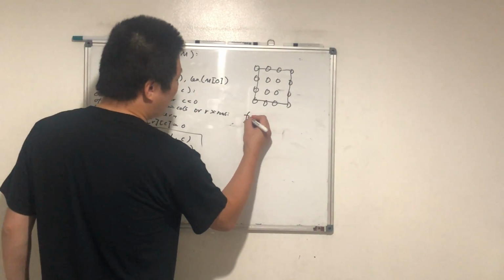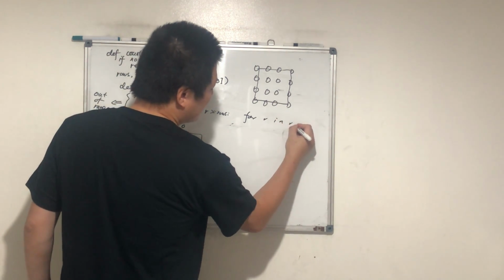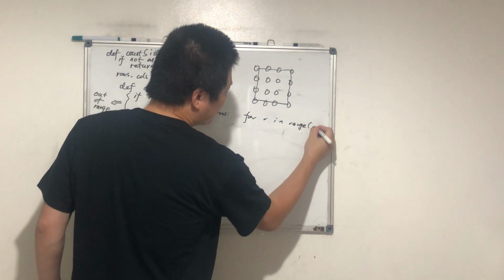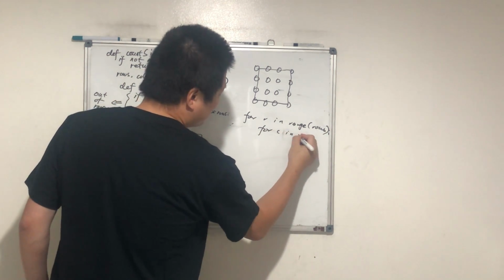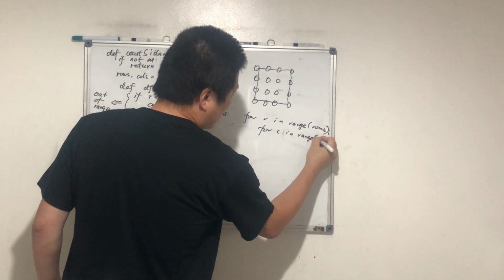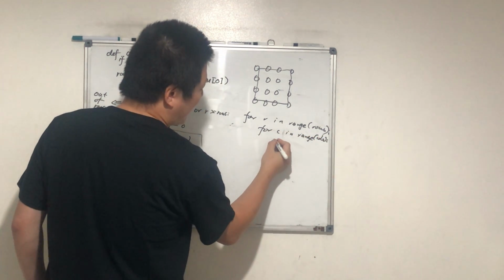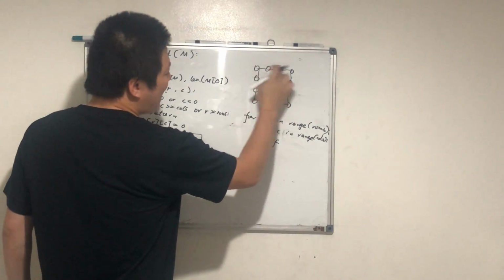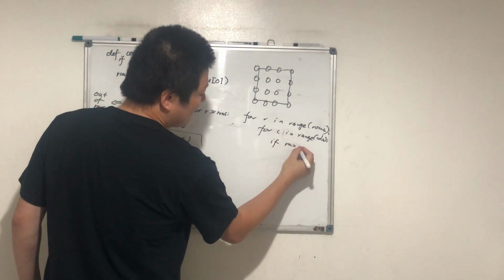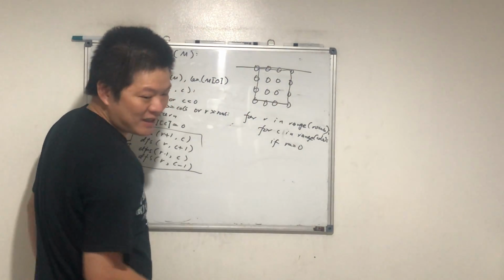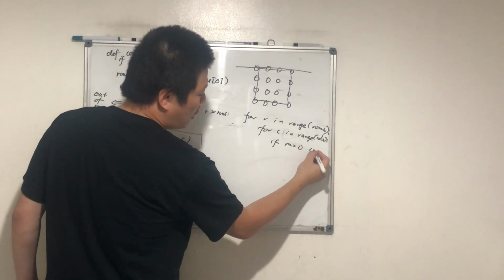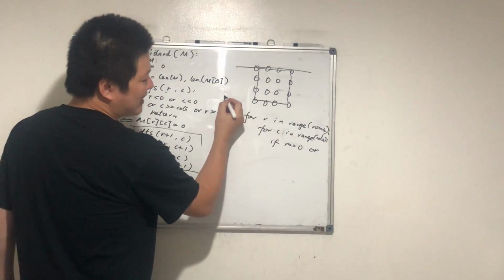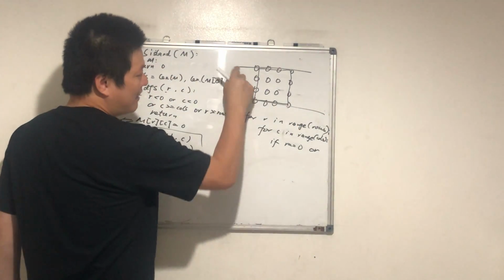I can do this: for R in range rows, yeah? And for C in range columns, yeah? If R equals 0, right? Look at that thing. This is R equals 0, right? Or what's this row?